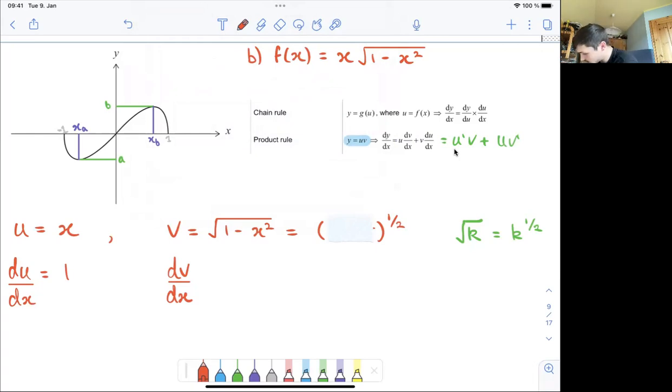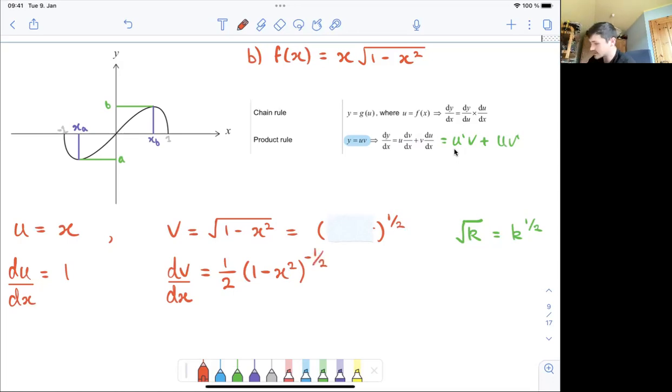So if I'm doing that, then bring the half to the front. Then you put what's within the bracket just down here, 1 minus x squared, untouched. Then, as per normal, subtract 1 from the power, so we get negative a half.